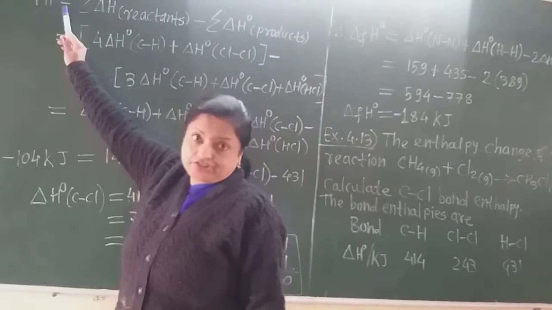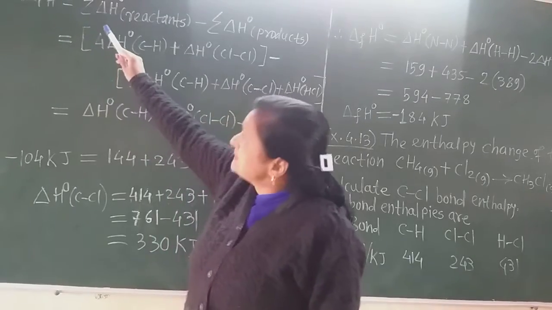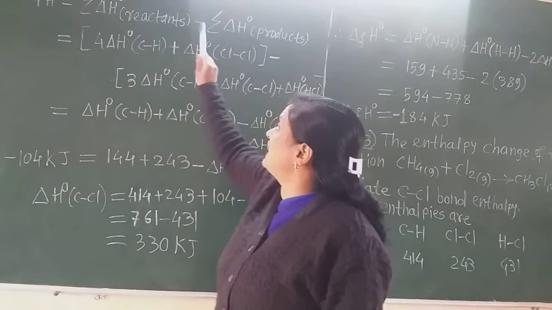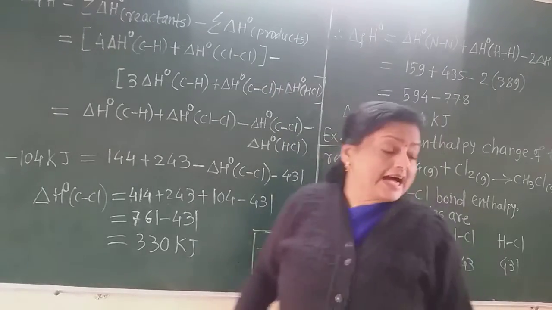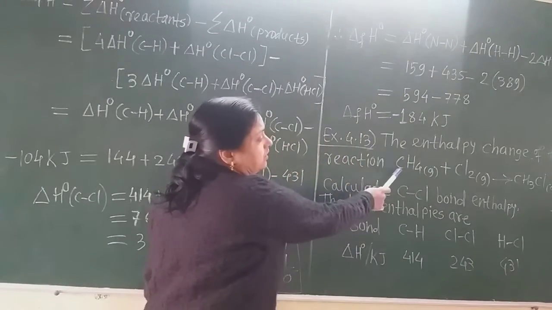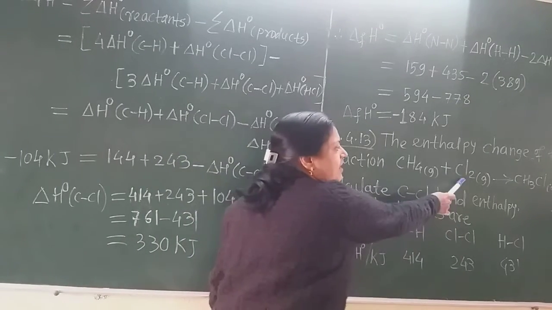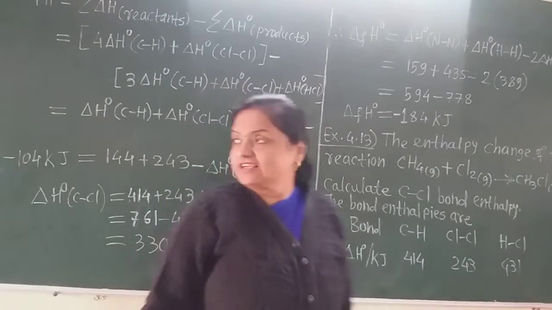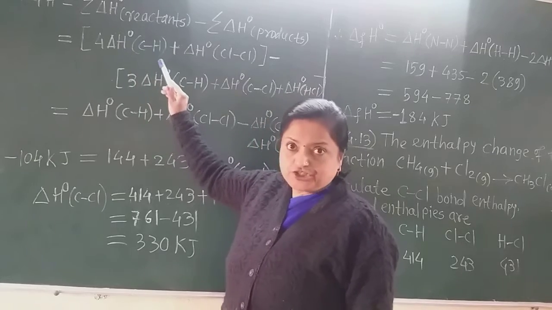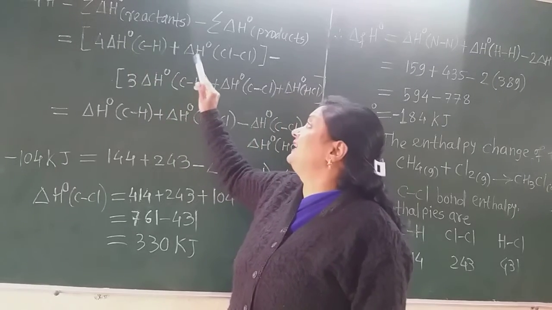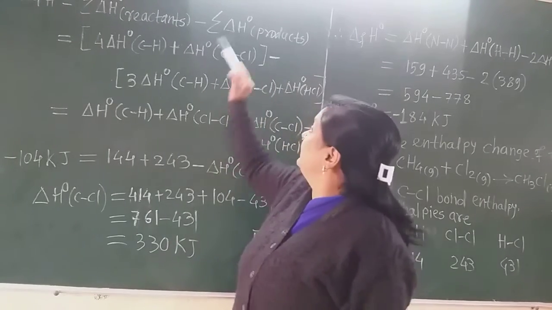Delta reaction H0, that is the enthalpy of reaction, is equal to the summation of enthalpies of reactants minus the summation of enthalpies of products. Now here the reactants are, see here, these 4 C-H bonds, and here again 1 C-Cl bond is there in the reactant. So I write here in the bracket 4 H0 of C-H bond plus delta H0 enthalpy of C-Cl bond, minus enthalpies of products.